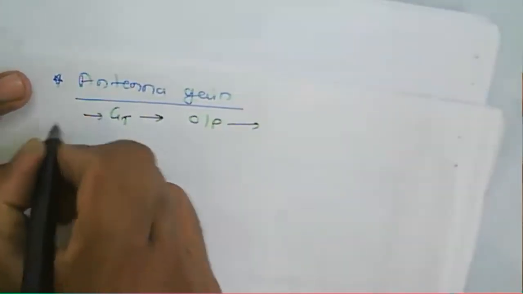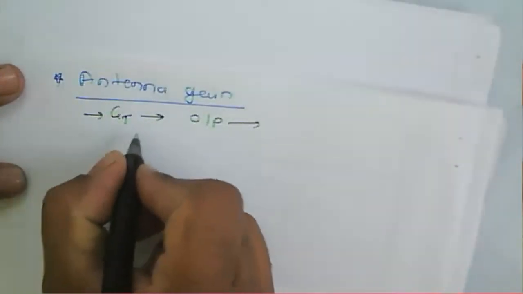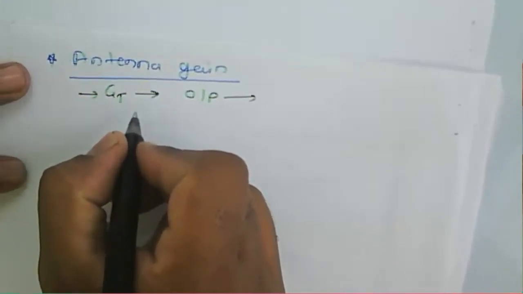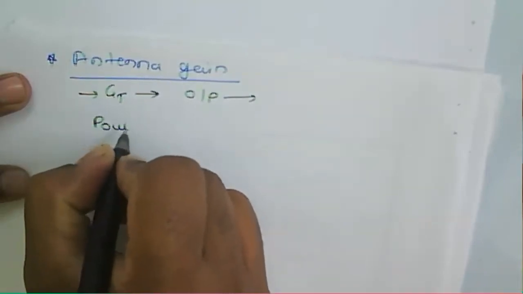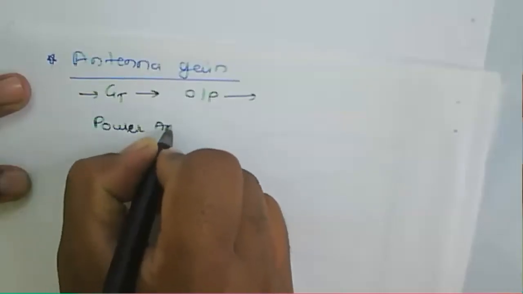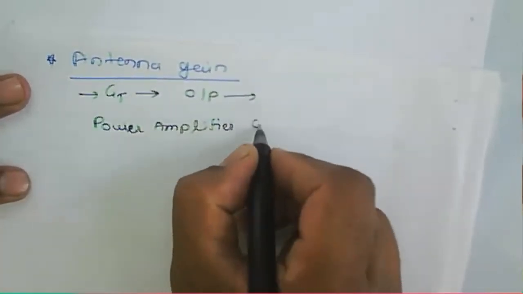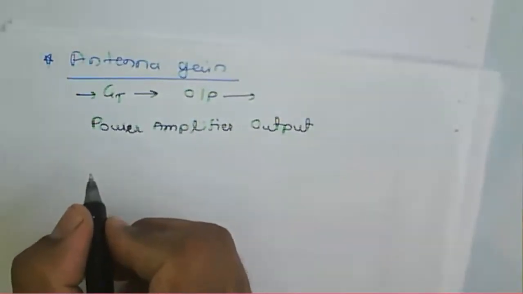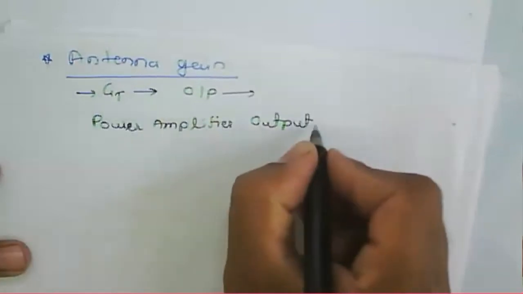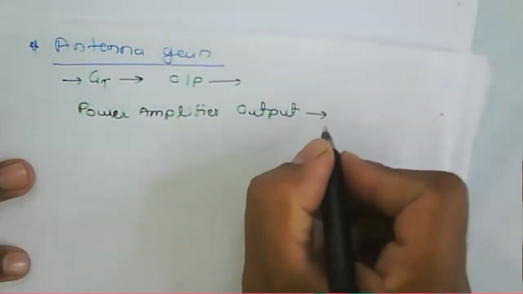But before that, they have the power amplifier, and after that there will be the antenna. So what will be the output of the power amplifier? This will be the power amplifier output, so that the antenna will deliver some particular output power.